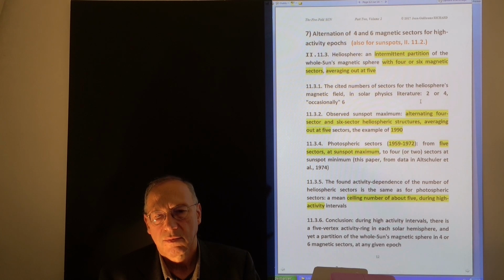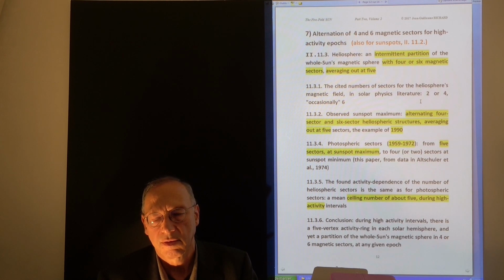This is what is in fact found for sunspots themselves at the photospheric surface, but will not be discussed here today.